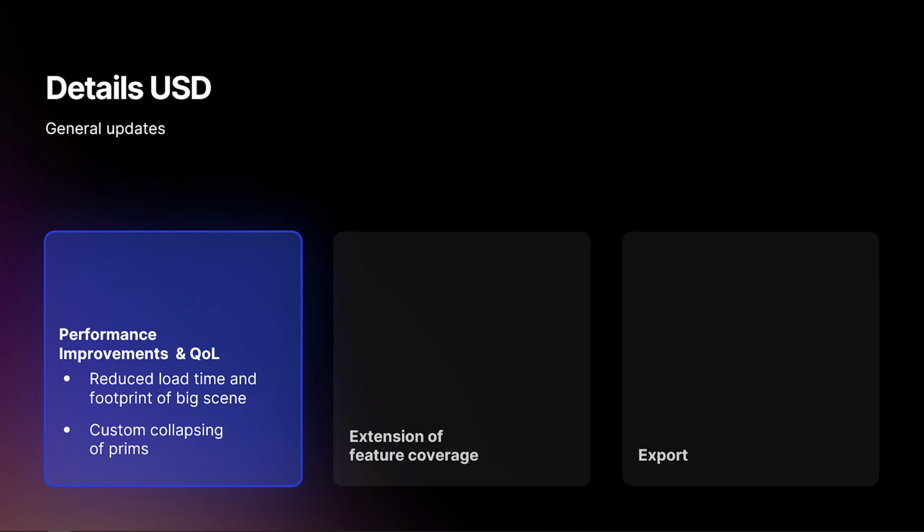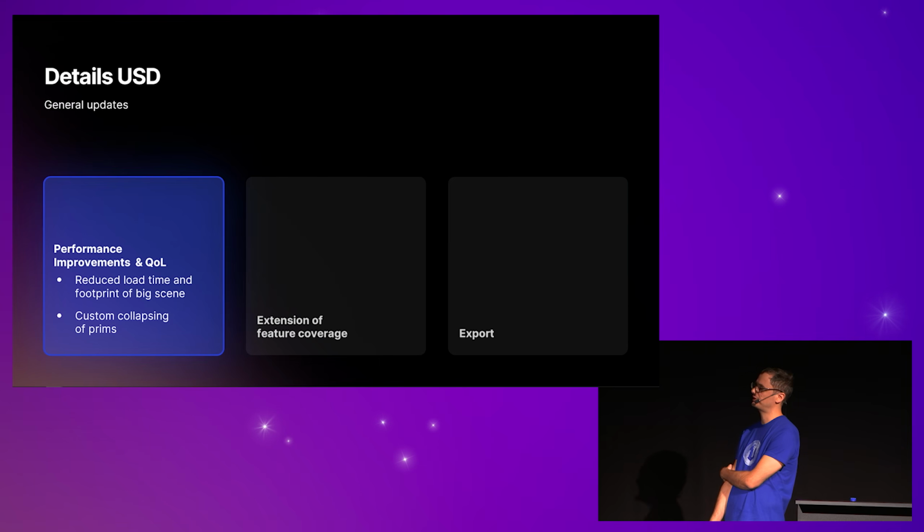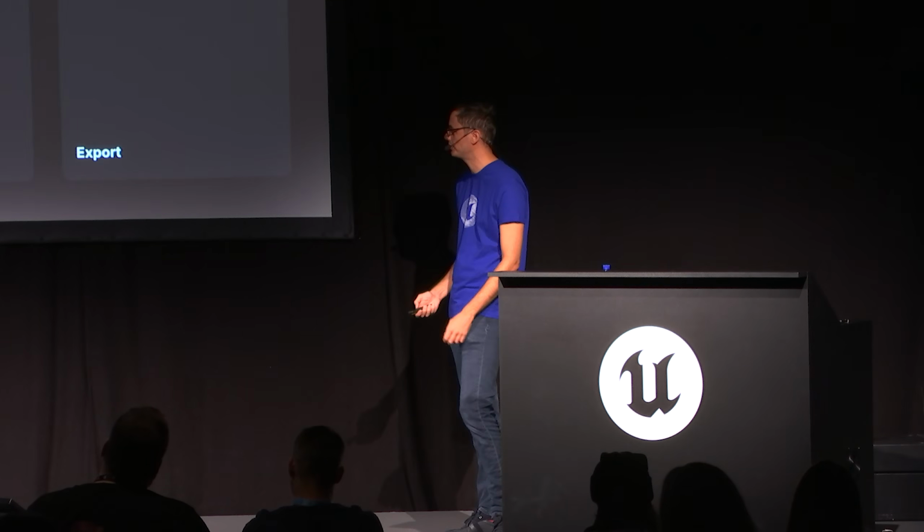We added some custom collapsing of primitives, so you can specify in the schema when you're importing the USD file whether you want everything under this primitive to be parsed, loaded, and created as separate assets, or you can specify that you just want to bundle everything into a static mesh. That allows you, before you start loading, to predefine the granularity of what you want to import into the engine, and saves you the creation of hundreds of assets that in the end you might not have wanted.